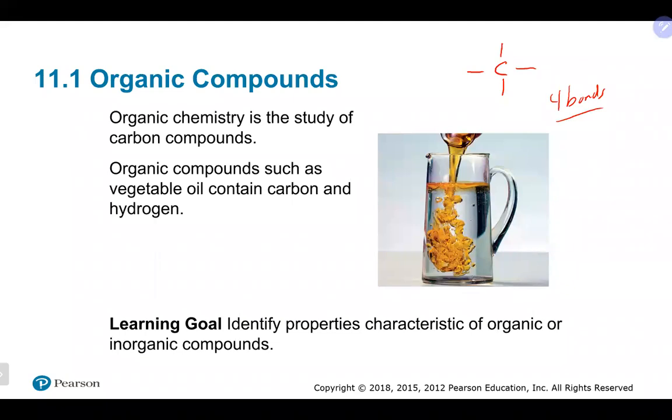And before you know it, carbon's got like 30 bonds to it, which is a little bit too much. So it definitely needs to get to 4. It should never have more than 4. Kind of like hydrogen, if you're putting dots around it and double bonds and triple bonds, it is incorrect. Same thing here with our carbon. Again, if you got more than 4 bonds, it is definitely probably incorrect.